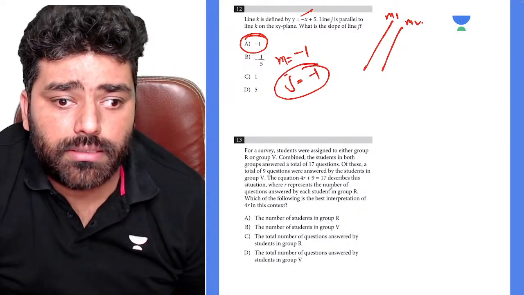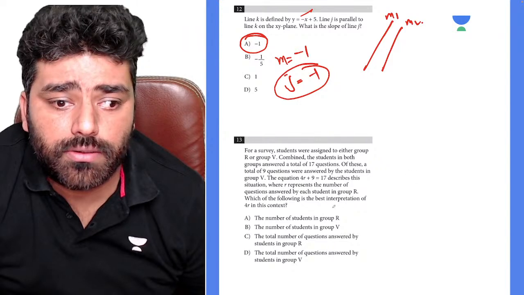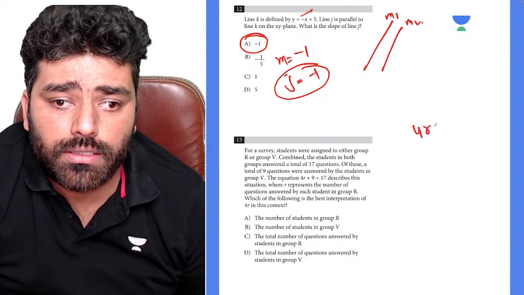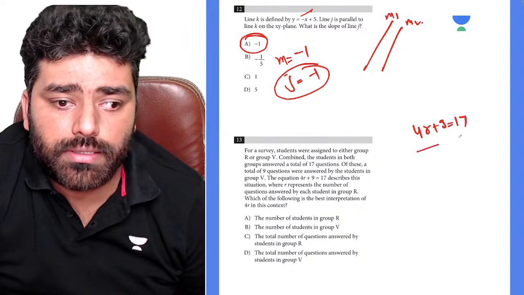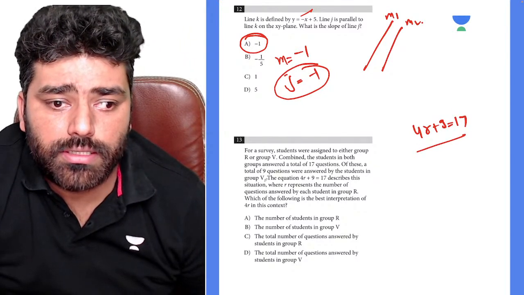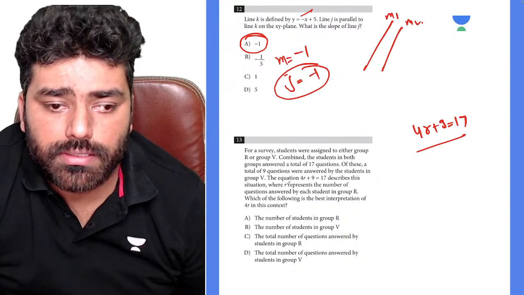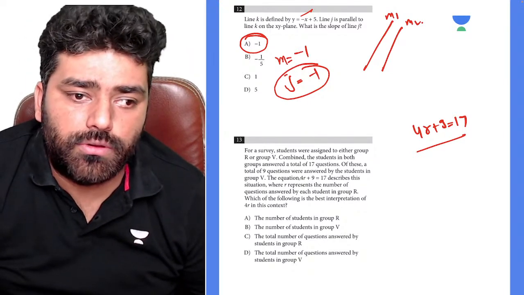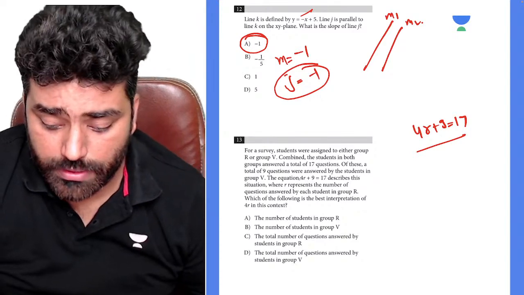Where R represents the number, the equation is 4R plus 9 is equal to 17. Of these, 9 were answered by the students in group V. The equation has 4R, and this is group R. This is related to group R for sure. So what will that be?